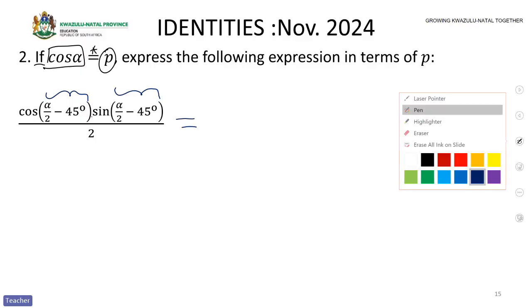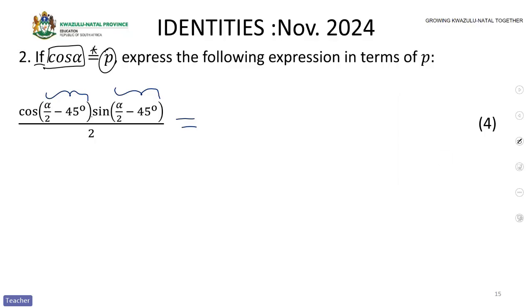What comes into my mind is exactly what we just spoke about. We said sin of 2a equals 2 sin a times cos a.